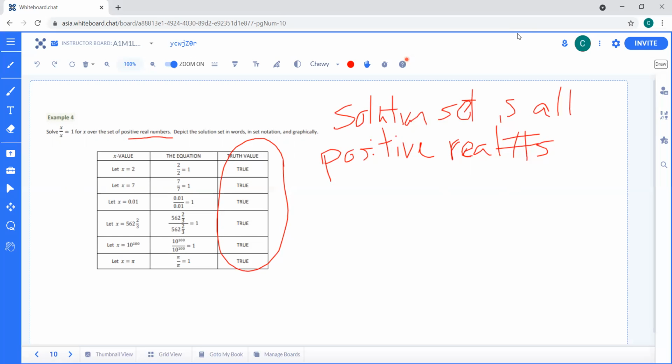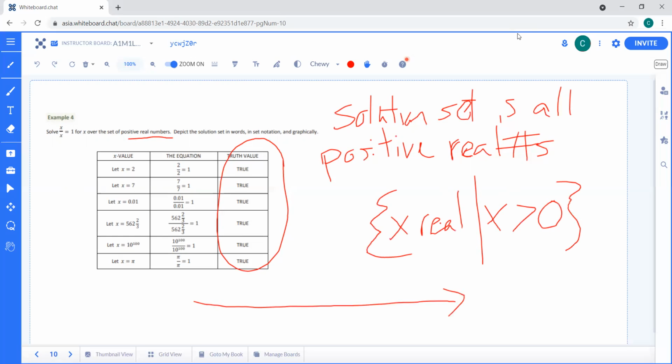Set notation would look a little bit different. We would say x is an element of the real numbers when x is greater than 0. So that makes it positive, right? Real solutions that are greater than 0. Now, graphically, there's some of the stuff that y'all struggle with that we've talked about.